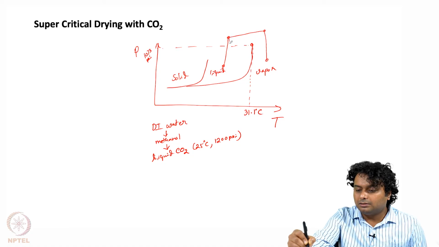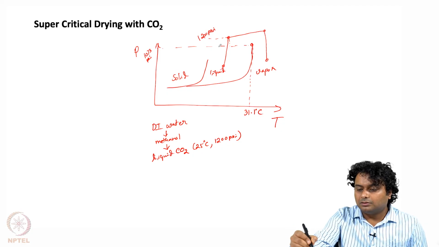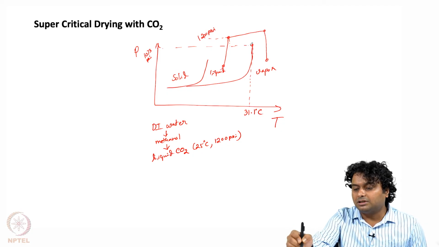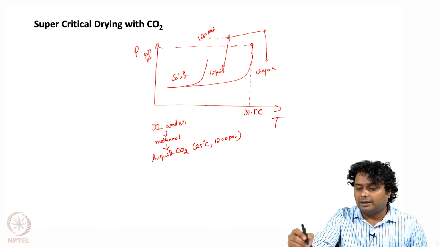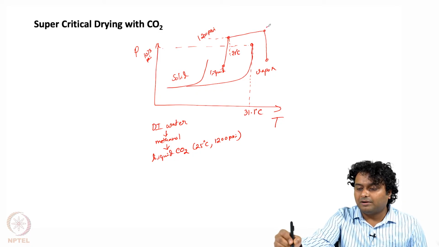So this was 1073, which is its critical pressure and temperature, and we go above that pressure wise, this is 1200, and this temperature may be about, let us say, 25 degree centigrade, and then we increase the temperature to 35 degree centigrade.